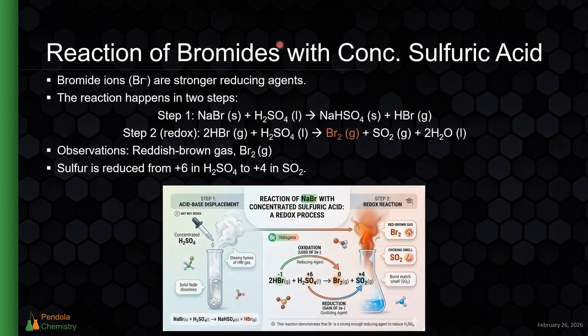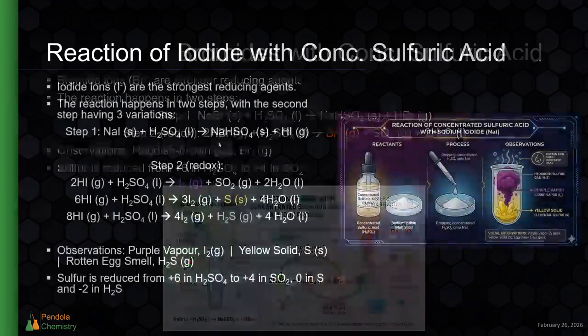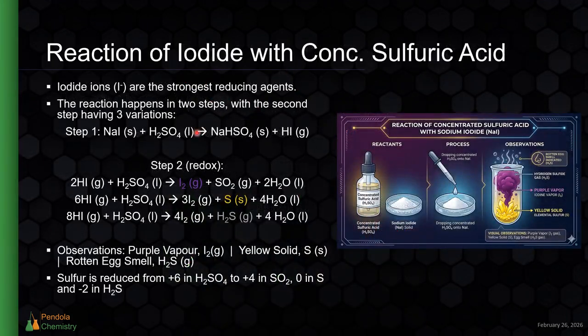The bromide ion, which has the second most reducing power, will undergo the same acid-base reaction, but then also undergo a redox reaction to create the bromine gas and sulfur dioxide, the least reduced form of sulfur. And then the iodide, which is the strongest reducing agent, is going to do the same acid-base reaction, creating the sodium bisulfate and hydrogen iodide gas.